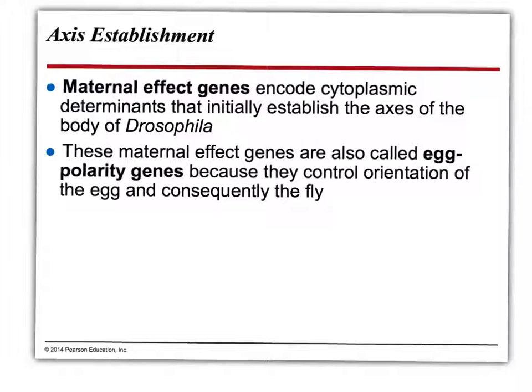And so we're going from the 120 genes that are important for segment formation, and within those, we had certain cytoplasmic determinants that were derived from the mom during egg formation and put into the egg. Okay? And they're already set up there, which ran the program of early development prior to the cells being able to do anything on their own. All right? And this initially established the axis of the body of Drosophila.